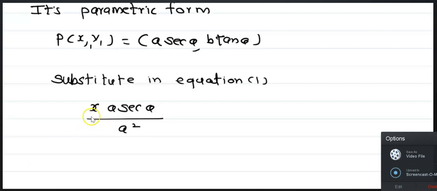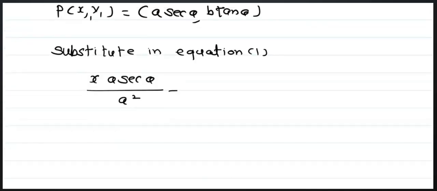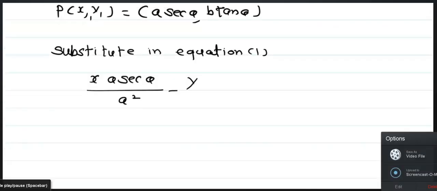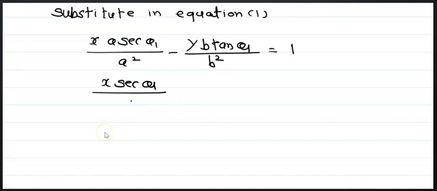Then you will get x a sec theta upon a square minus y b tan theta upon b square. We are treating it as the point theta 1.